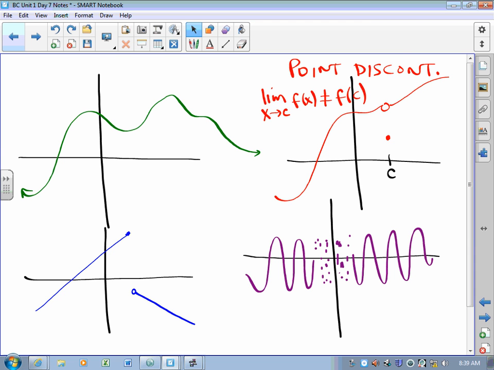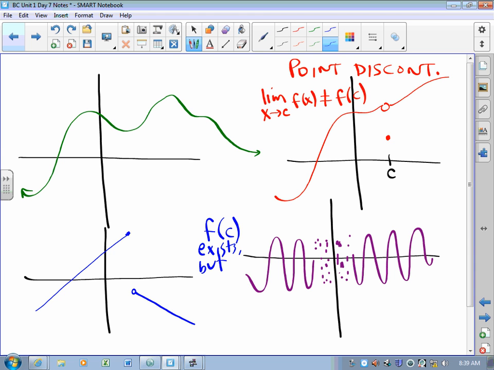Why is the blue function discontinuous? Well, clearly, f of C, I just picked up green. Really, folks at home? Really? F of C clearly exists, but the limit as x approaches C doesn't.